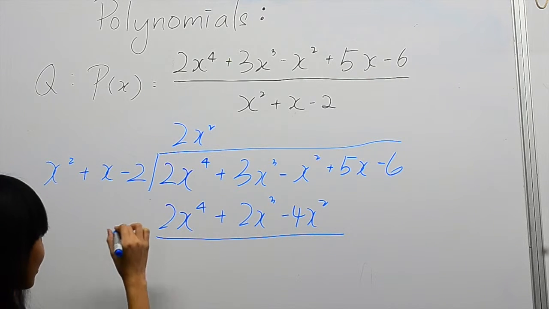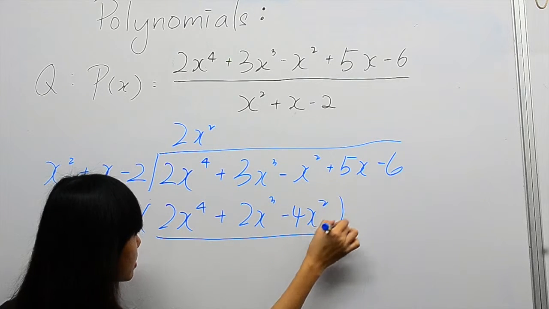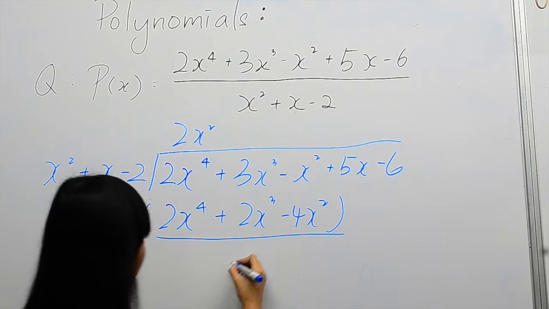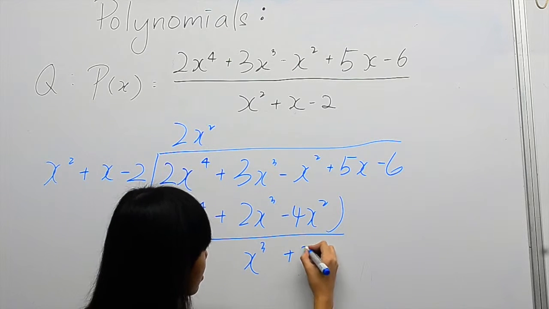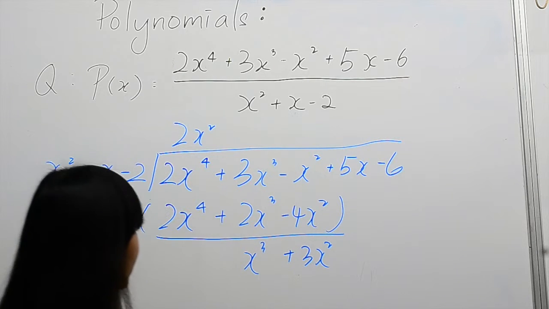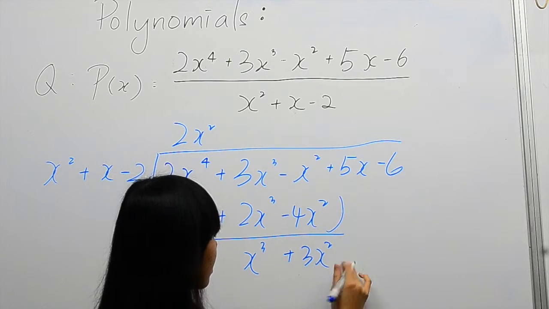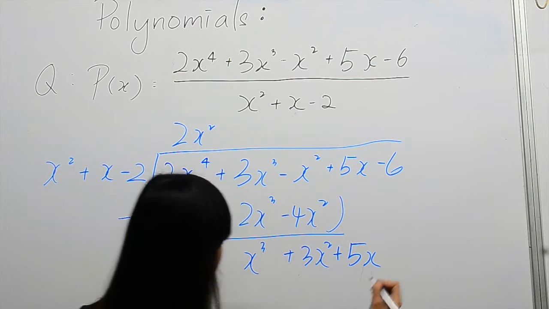To not get confused, we put minus here and bracket this expression. So we will get x cubed plus 3x squared, and here we bring down 5x, so plus 5x.